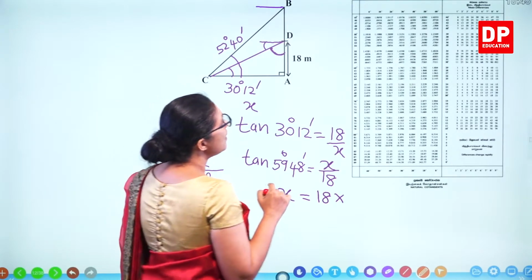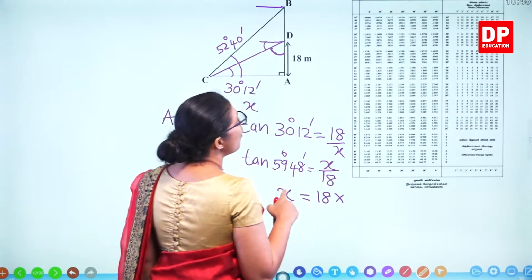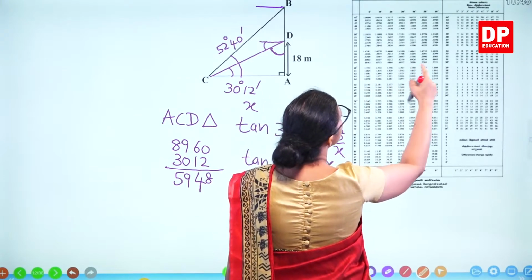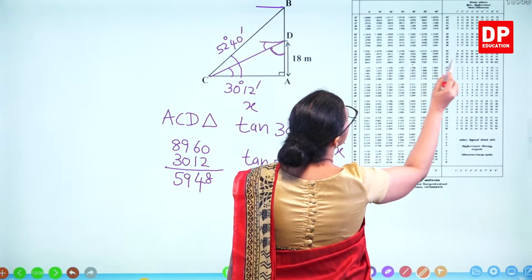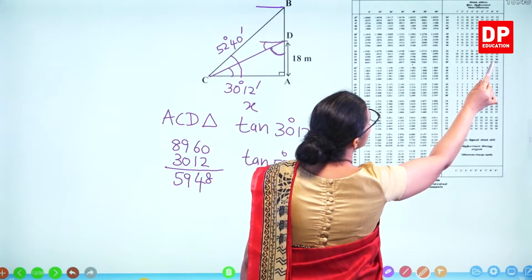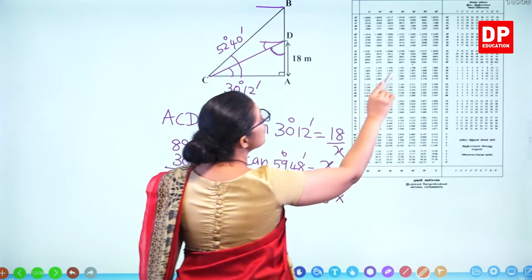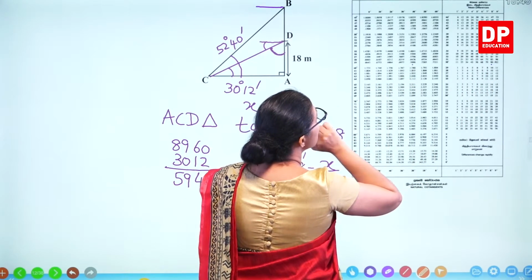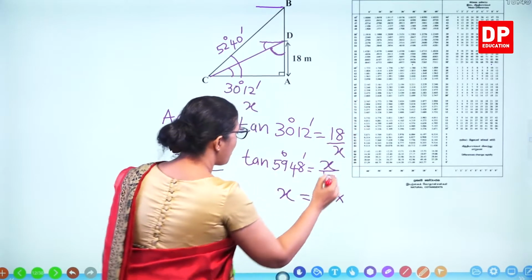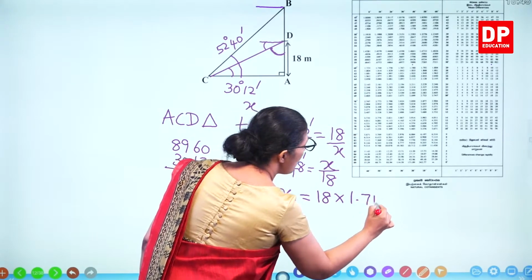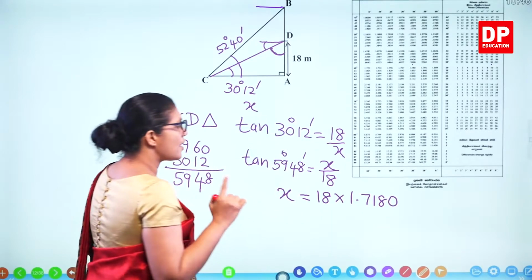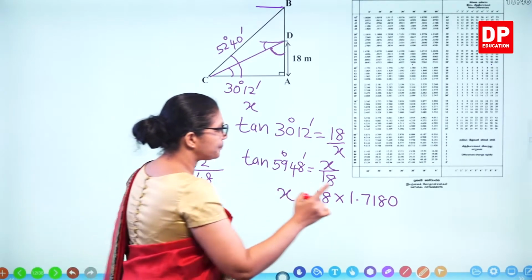We'll look at the table: 59, 48. 59, 48, so you have to add 90. So 1.7180. Now we have to multiply.